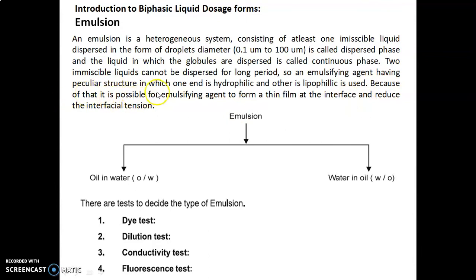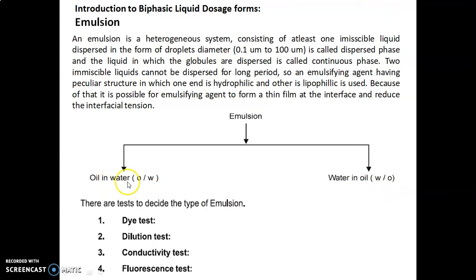Because of that, the emulsifying agent is able to form a thin film at the interface and reduce the interfacial tension. So let's see the classification of emulsion. The simple classification is oil in water, O/W type, and water in oil, W/O type.